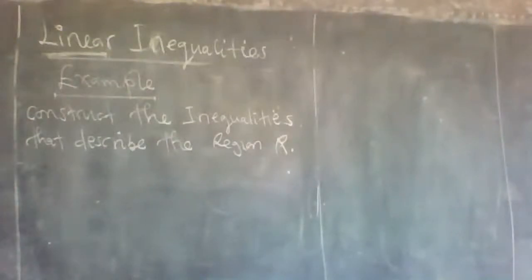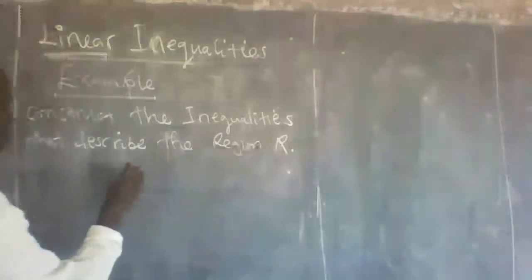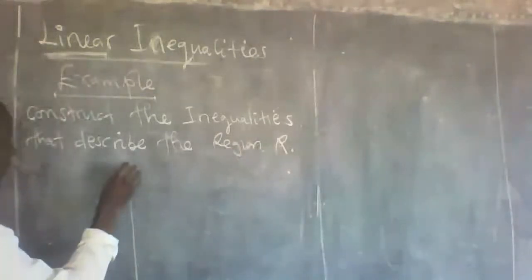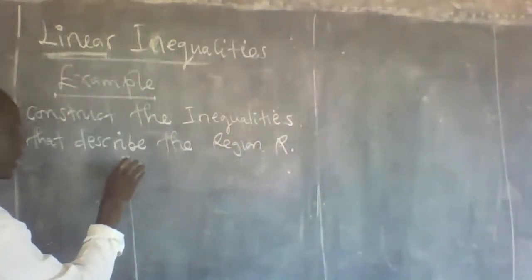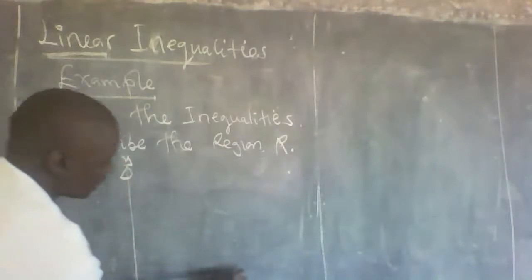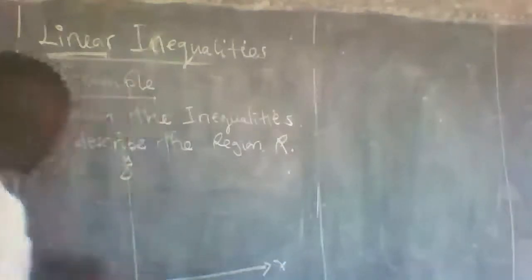Construct the inequalities that describe the region R. What is the plane looking like? This is x and this is y.